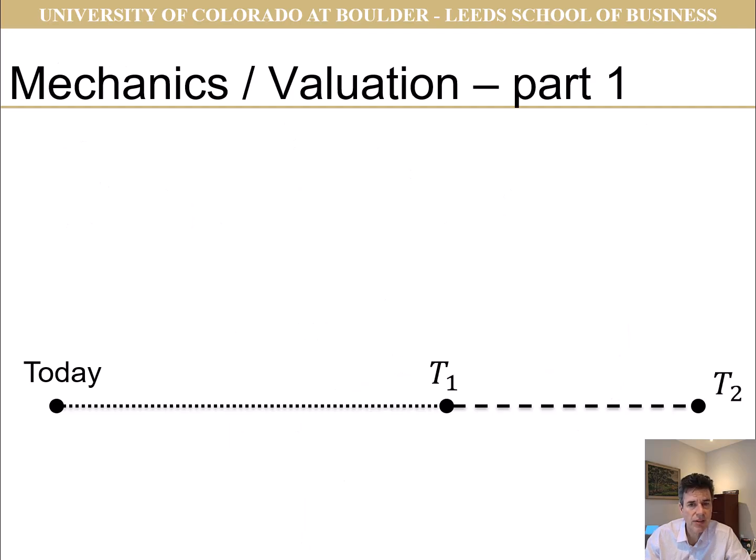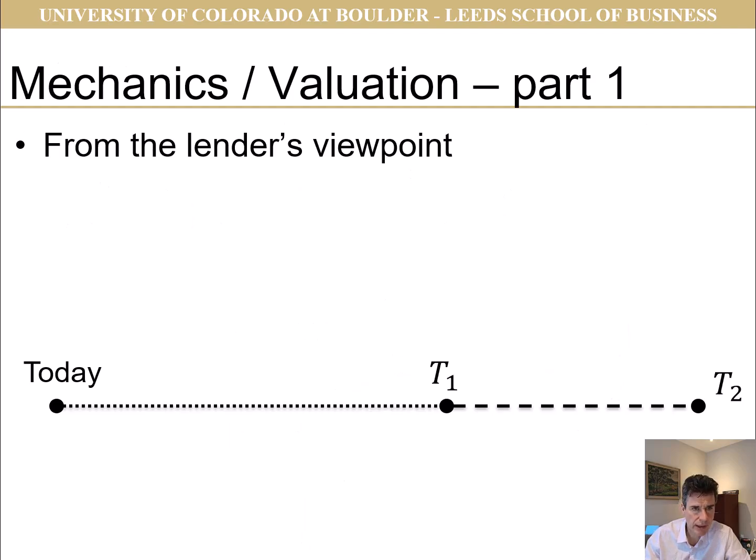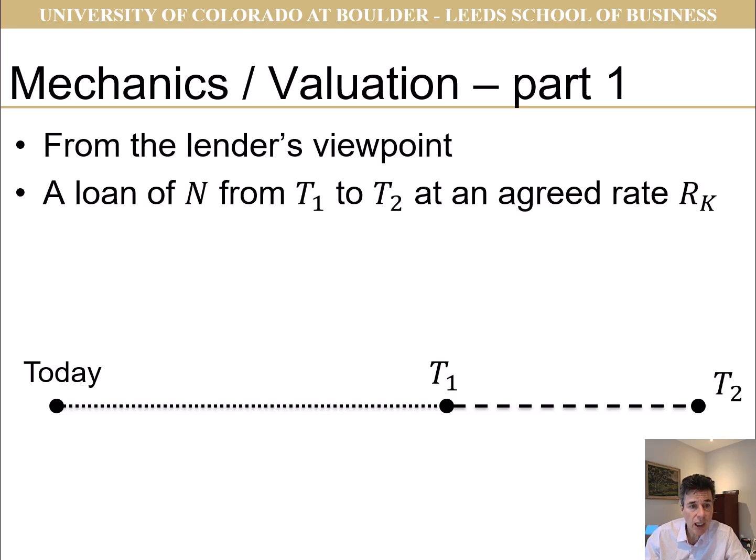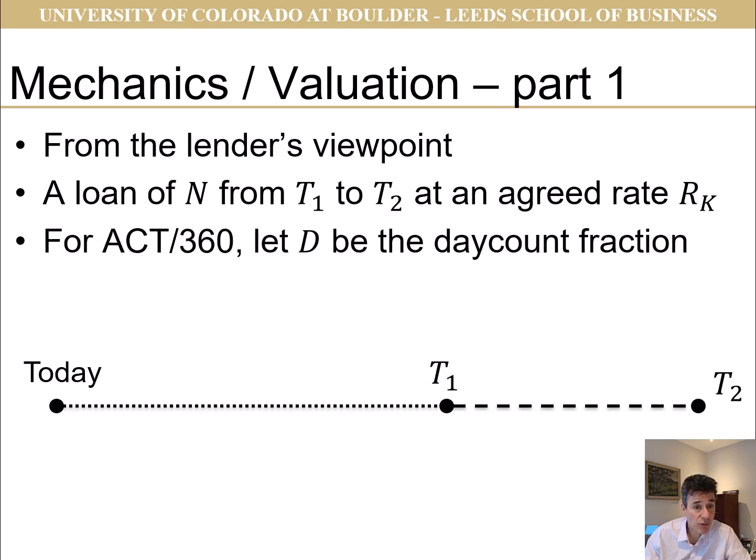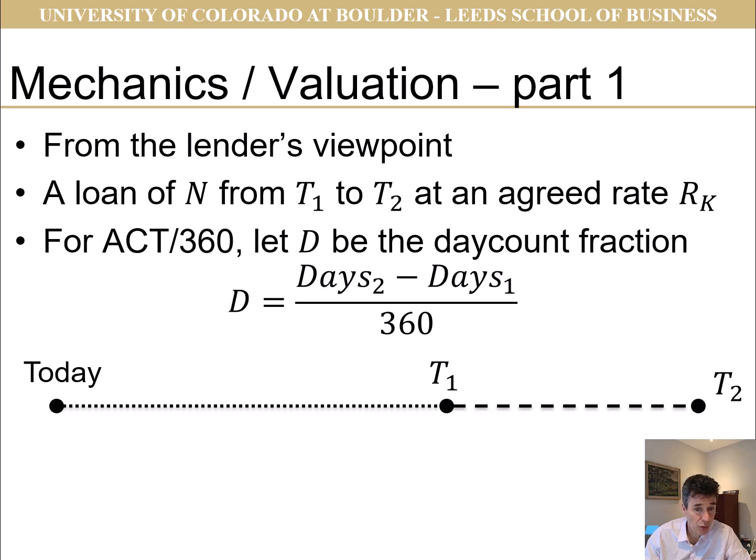If we think about the valuation for a second, and we'll take the lender's viewpoint right now, but we could take the borrower's. A loan of N dollars, the principal, from time T1 to time T2 at some agreed rate, RK, we'll often call that the strike. For actual over 360, we'll let D be the day count fraction, days 2, the days for time T2, minus days 1, divided by 360.